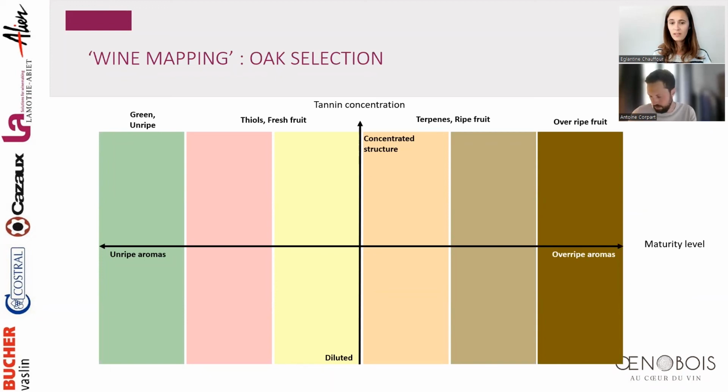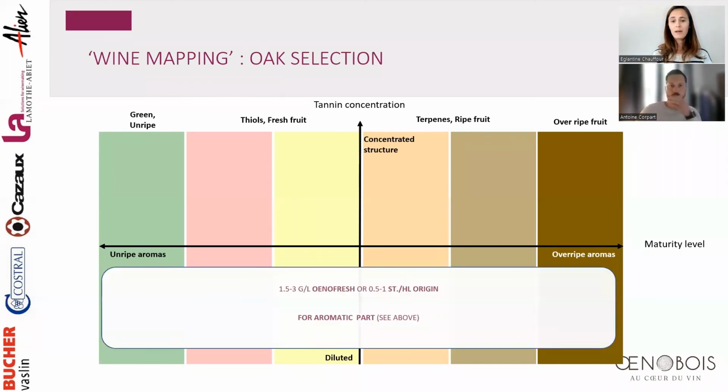Okay, our recommendations here are actually gonna be pretty similar to start. We are gonna have to work on the structure. First, we work on the base of the wine to build back structure. So we take all this lower part of the map to put it back up, and we work with fresh granular.